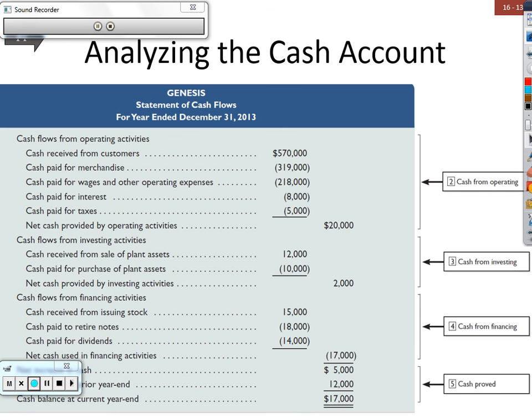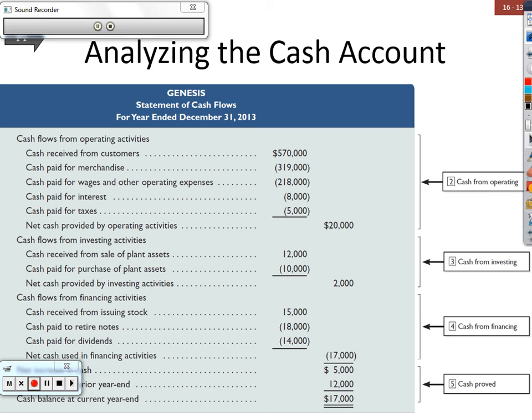Now, this is that same cash flow statement, just even more in detail. Notice cash flow for operating: cash received from customers is expressed as positive, right? Cash paid for merchandise is expressed as negative. Cash paid for wages and other operating, negative. Cash paid, negative. So for anything where cash is received, it's reflected how?